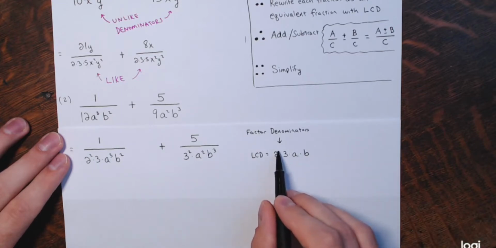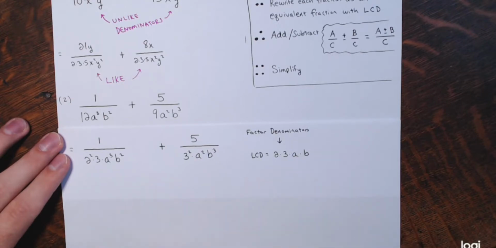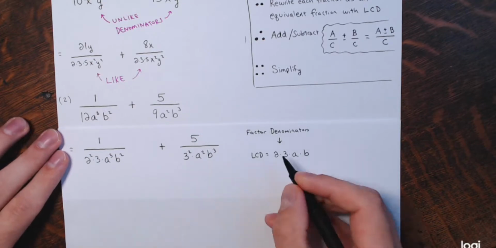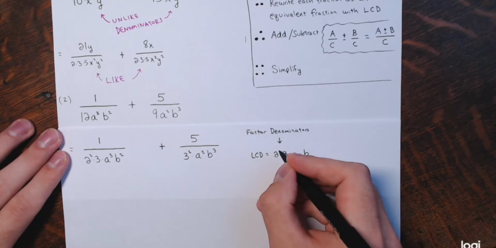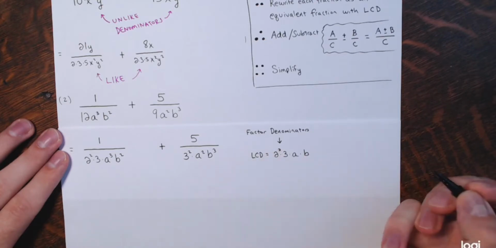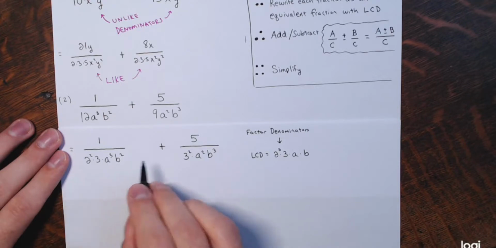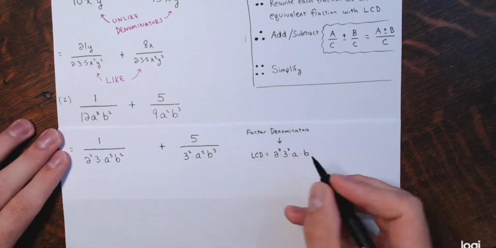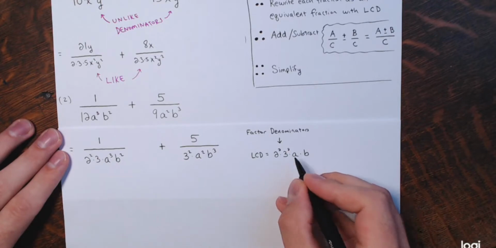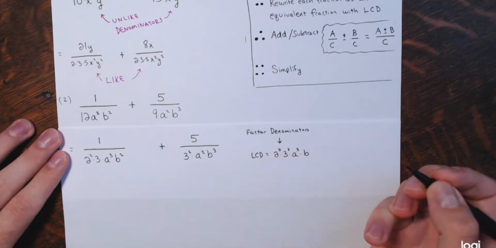And again, the powers on these in the LCD are just the highest powers you're seeing in those factorizations of the denominators. So the highest power of 2 in either of these is 2 squared, so 2 squared is going to be in the LCD. The highest power of 3 is 3 to the second, so 3 to the second is going to be in the LCD. The highest power of A is A to the third, so A to the third is in the LCD.